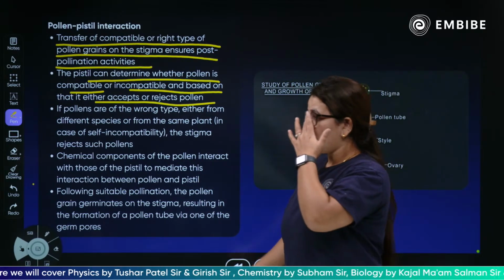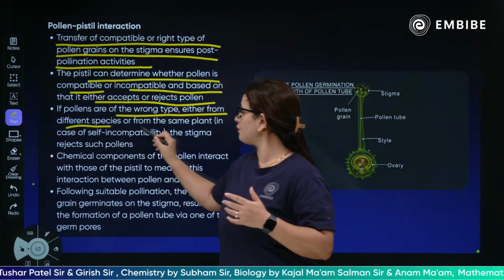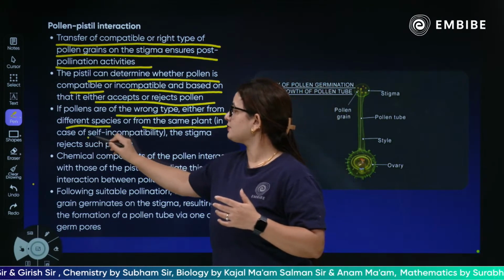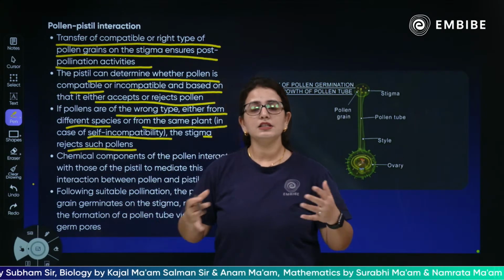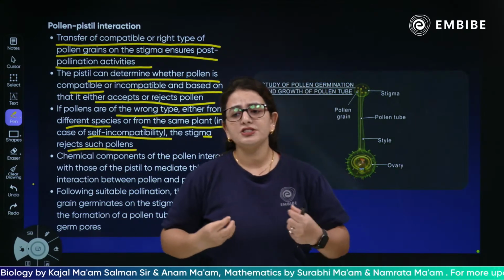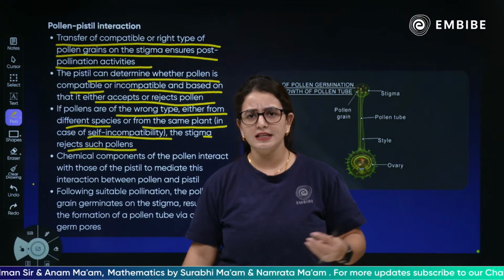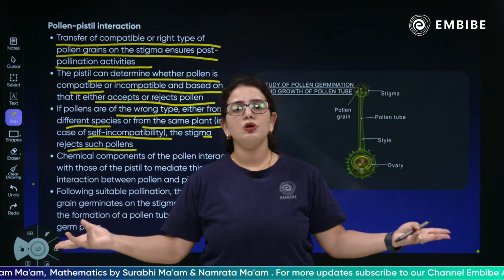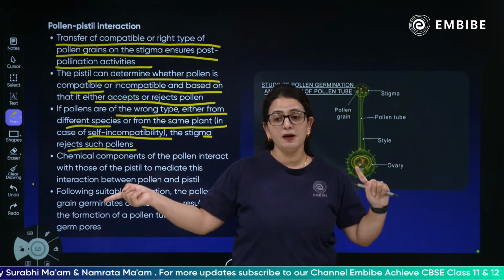Next, if pollens are of the wrong type, either from a different species or from the same plant in case of self-incompatibility, the stigma rejects the pollen. Why would the stigma reject pollen? Either it belongs to a different species, and why would another species' pollen germinate? We want pollen from the same species but from a different plant.